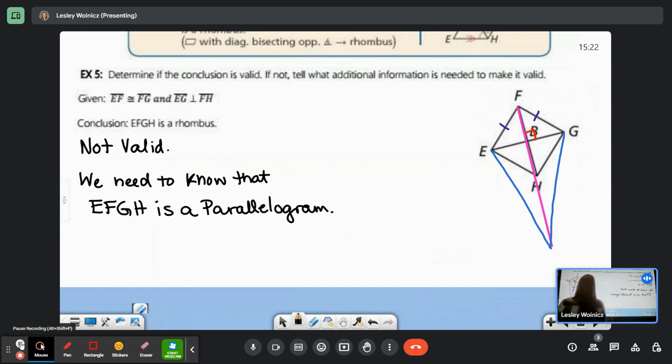Alternatively, if we knew that EH and GH were also congruent to the pair that they gave us, that would also tell us it was a rhombus. Okay, questions about that?